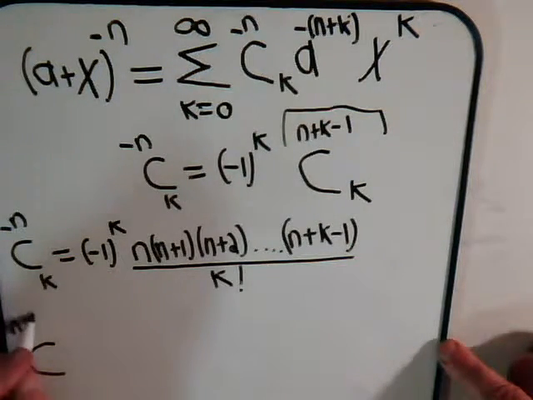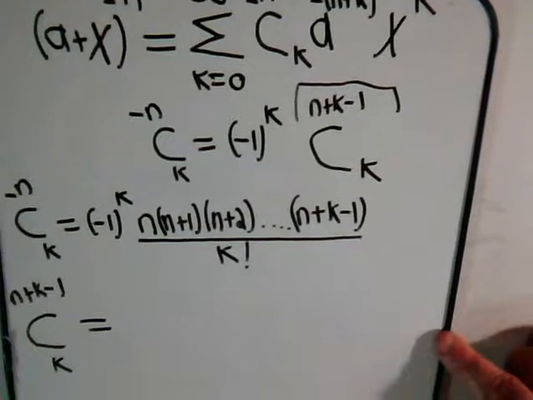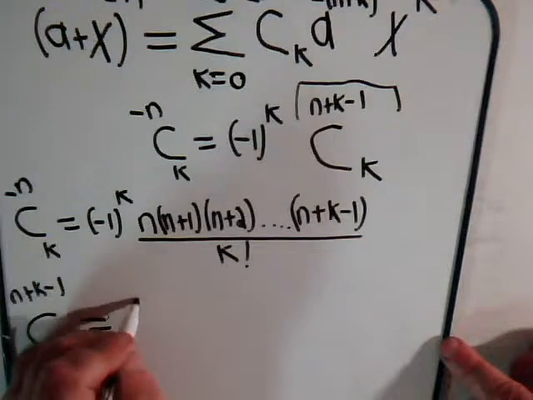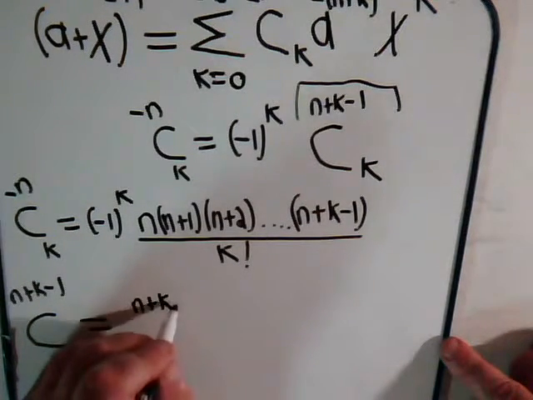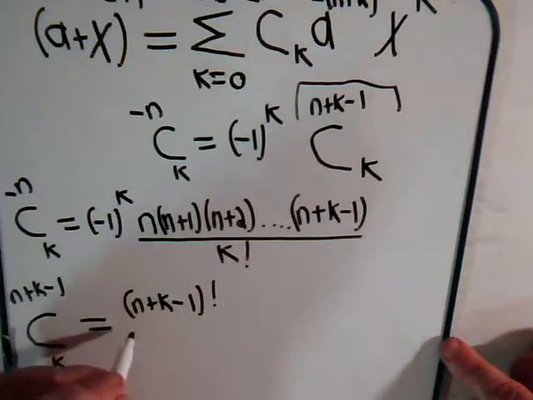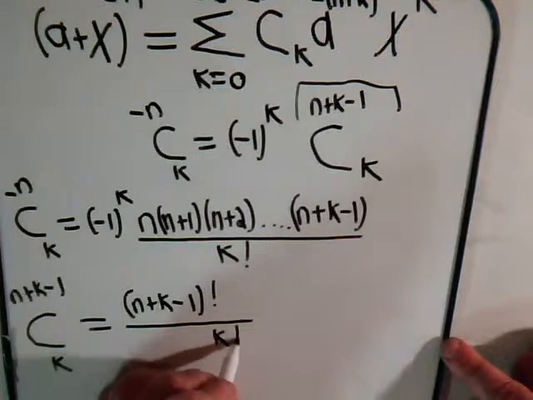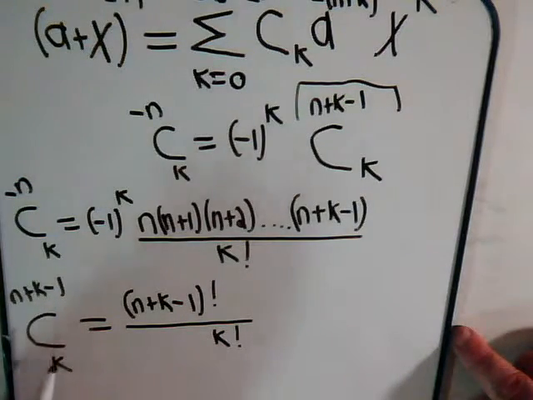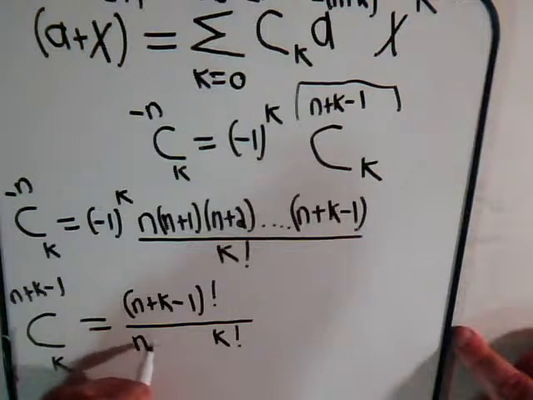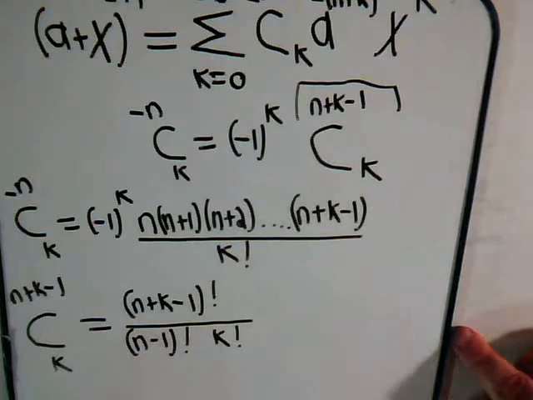Well, by definition, this must be equal to n plus k factorial divided by k factorial times this, minus k and minus 1 factorial.